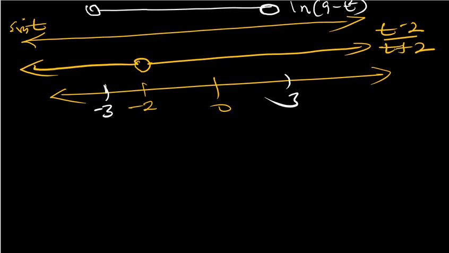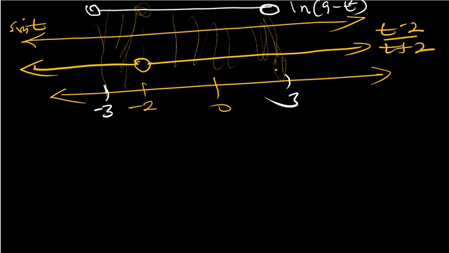Let's look at the intersection. The intersection will be from here, and there will be a jump at -2 up to 3.